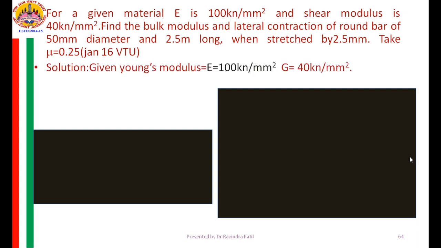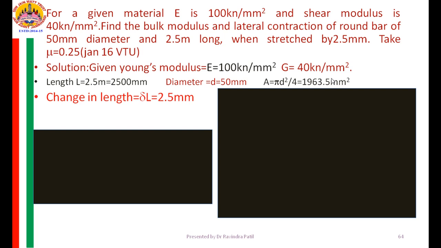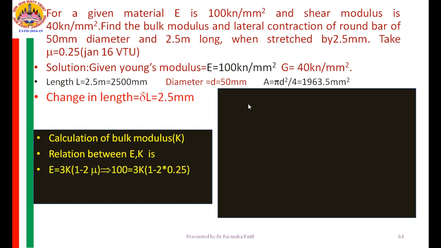Now I will solve it. He has given the Young's modulus, he has given the shear modulus, length he has given, diameter he has given. From the diameter you can get the cross sectional area. Change in length he has given as 2.5 mm. Now I will calculate the bulk modulus K. I know the relationship E and K is E equal to 3K into 1 minus 2 divided by m.